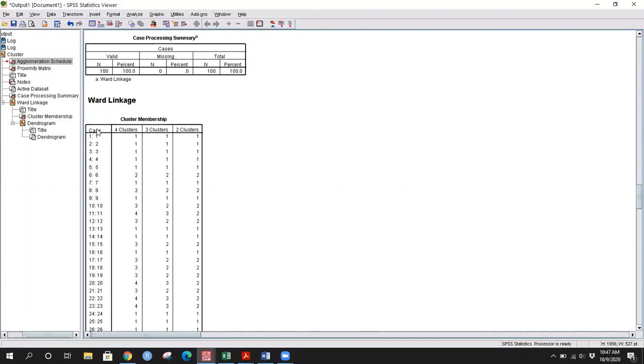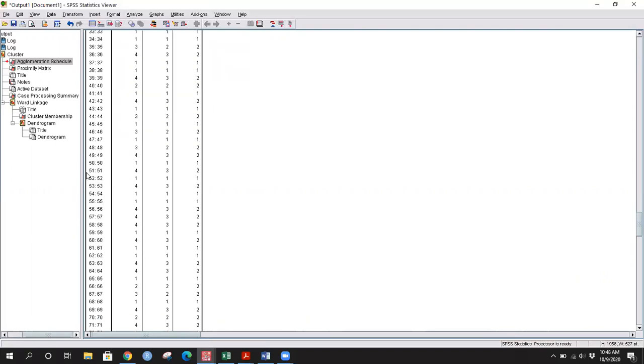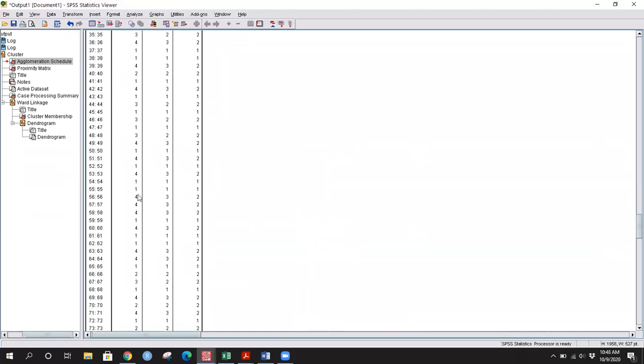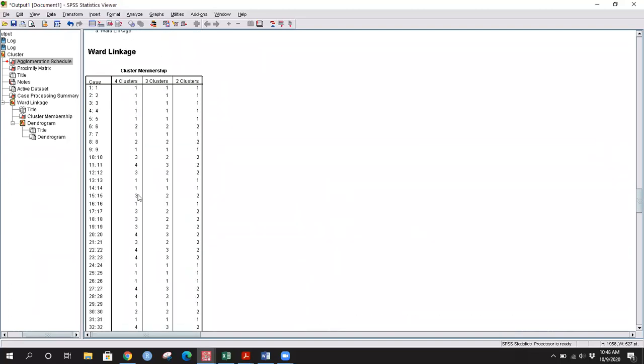So the column 1, which is the case, is nothing but the case number, or the individual number. So this is individual 1, this is individual 2, 3, and so on till 100, because you got 100 individuals. Okay. Now each of these individuals is going to get a label on them. The label being the cluster in which they fall.